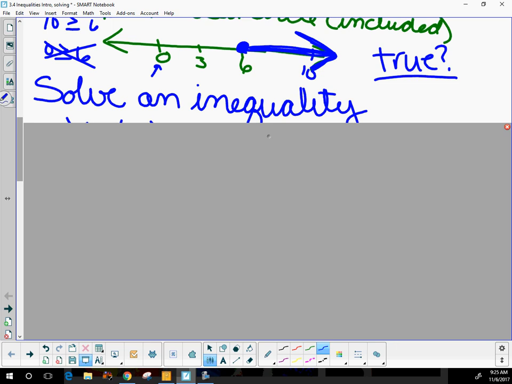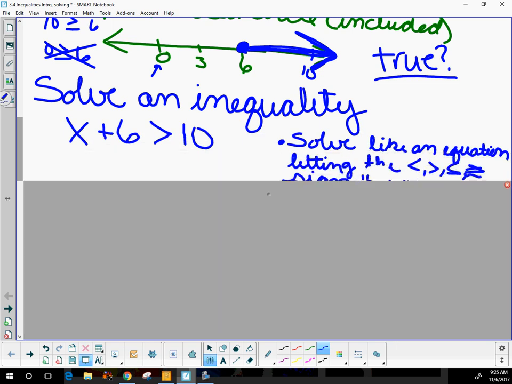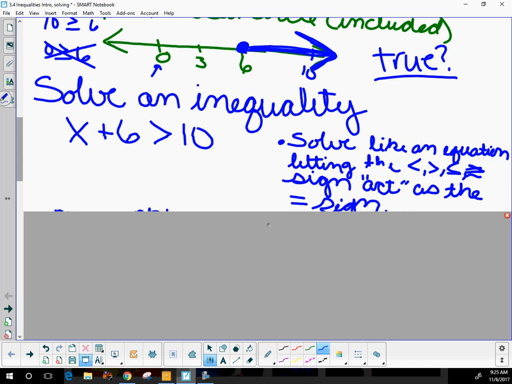We need to start solving inequalities, and let's start kind of easy. This is just like a one-step equation. So now let's look at my steps over here. Right over here, it says solve like an equation, letting the greater than, less than, all these little symbols over here be just like your equal sign. They act like an equal sign.